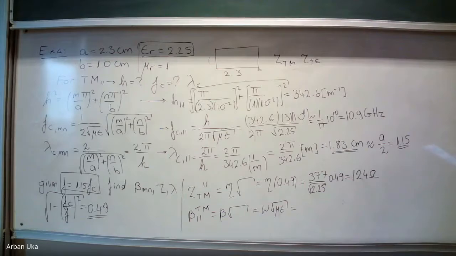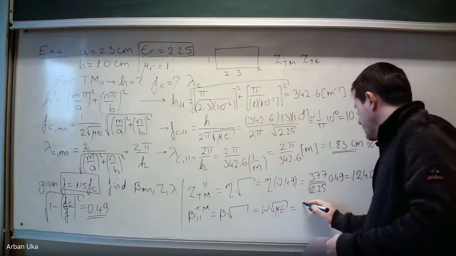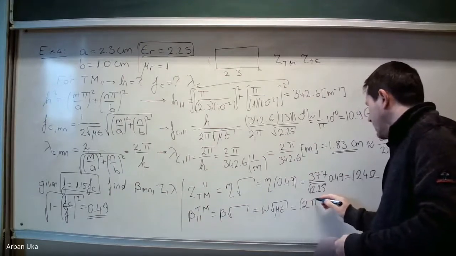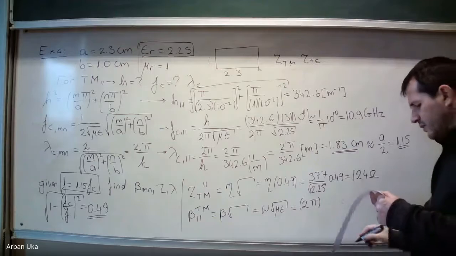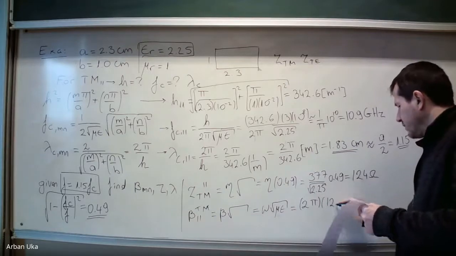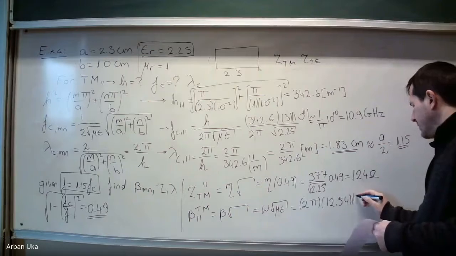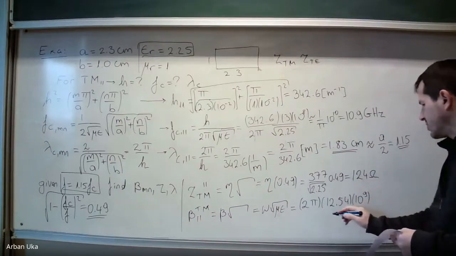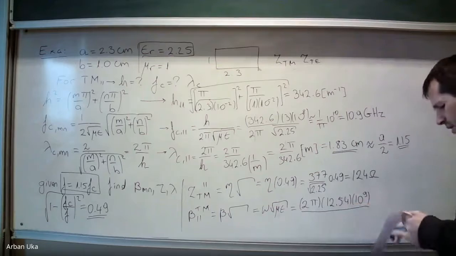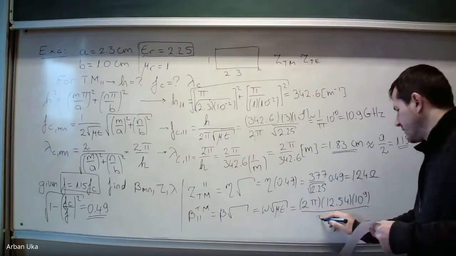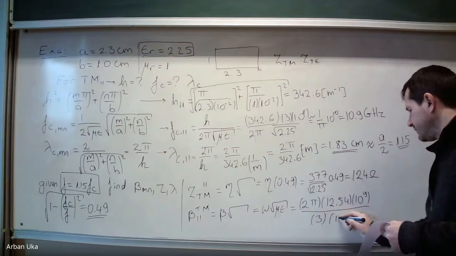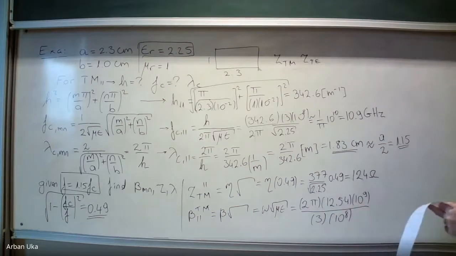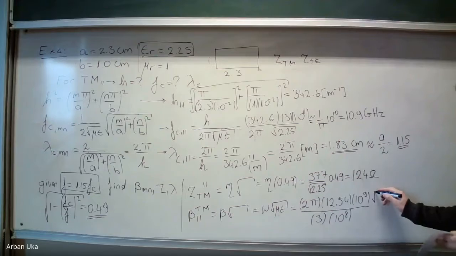If we substitute all of these relevant parameters, omega itself is 2 pi times the frequency, so we have 2 pi times 12.54 times 10 to the power 9. This is the gigahertz, this is the omega. Then we divide by the speed of light, which is 3 times 10 to the power 8.